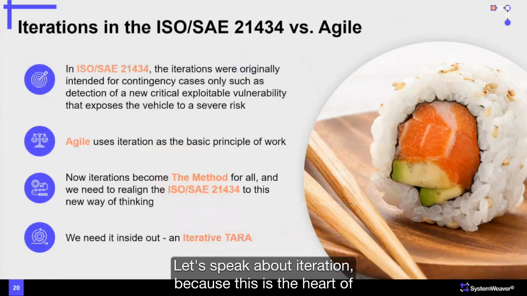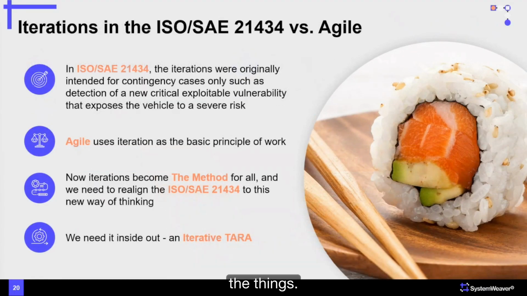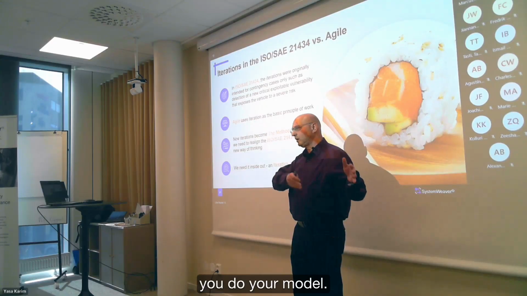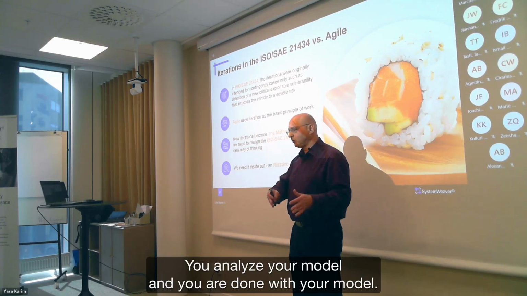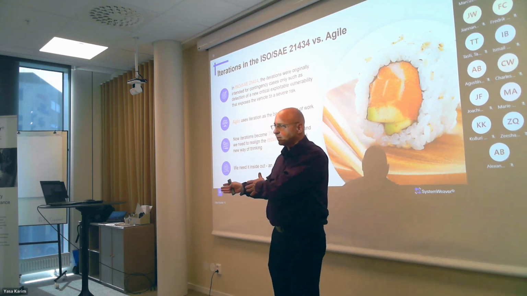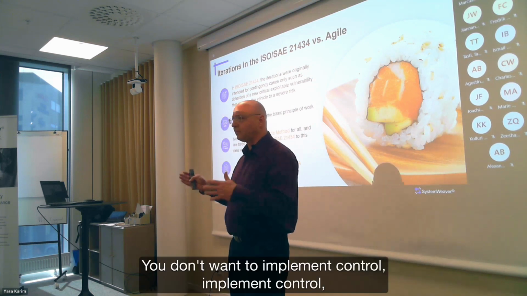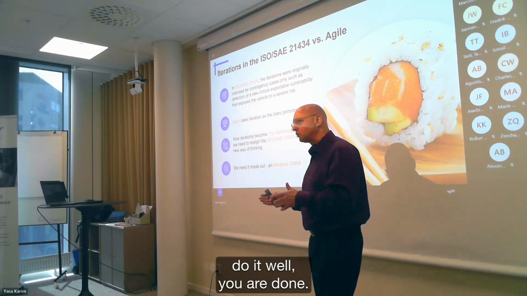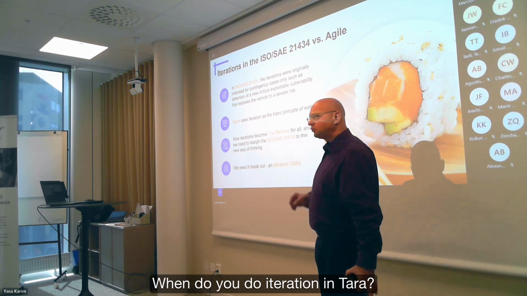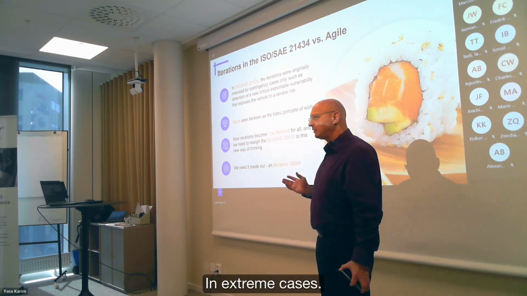Let's speak about iteration, because this is the heart of the things. In the V model, you don't do iterations. You do your model, you analyze your model, and you are done with your model. And that's a TARA. You want to implement control, do it well, you are done. When do you do iteration in TARA? In extreme cases.